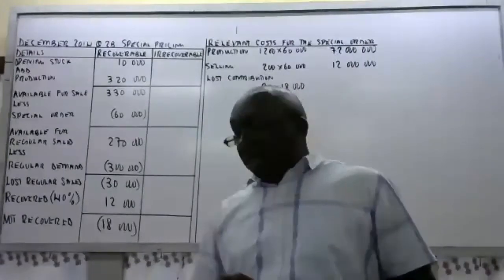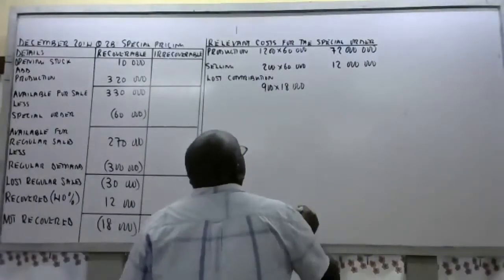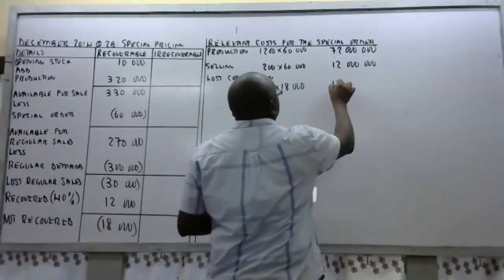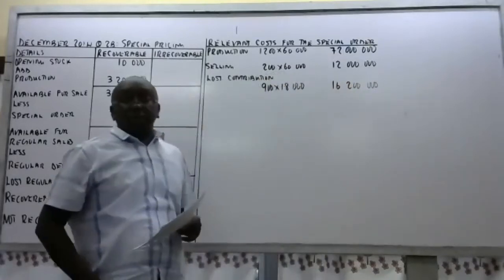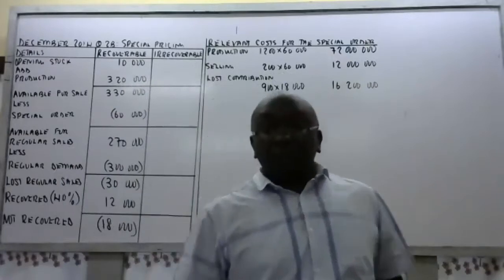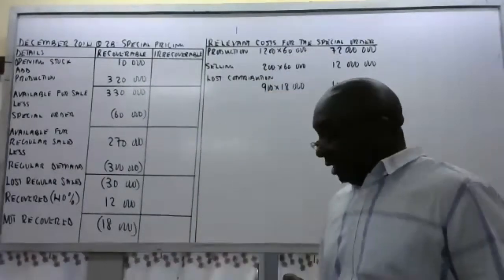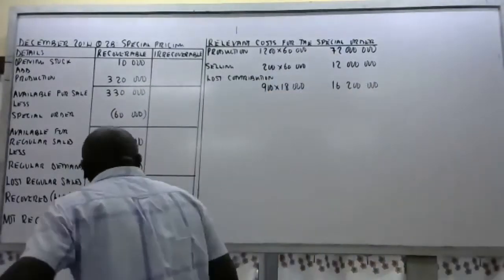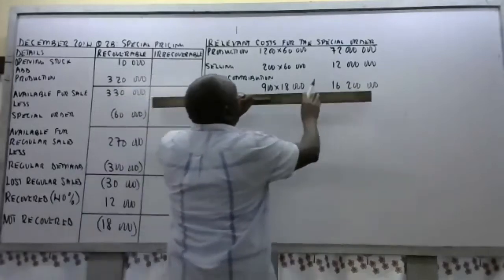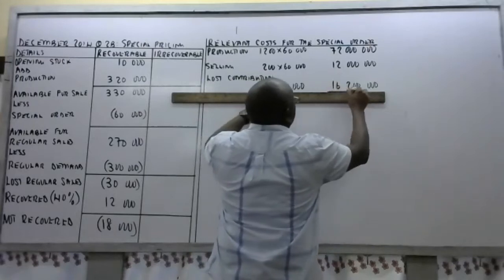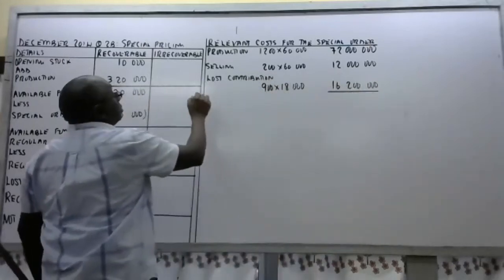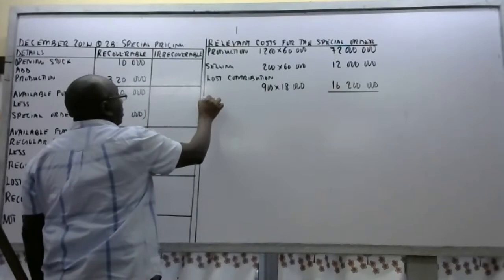Yeah, Jack says 16.2 million. Yeah, even Churchill confirms that is good. So the total, so this is the relevant costs.